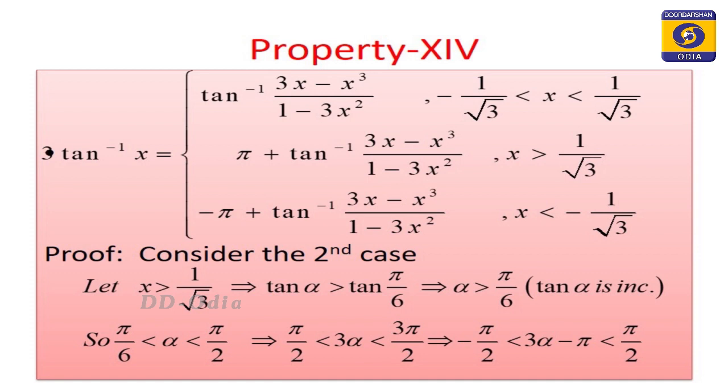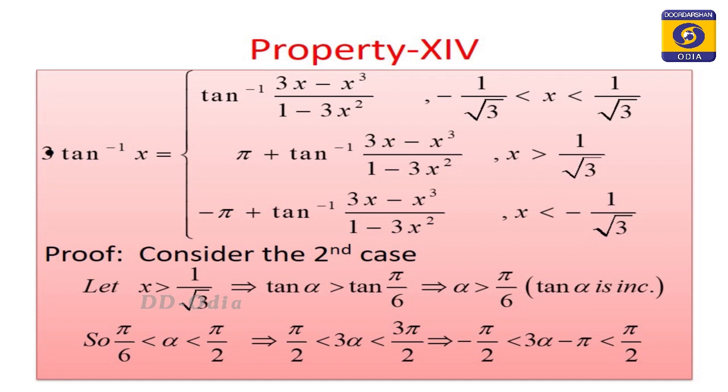This implies alpha greater than pi by 6, because tan alpha is increasing. So tan alpha greater than tan pi by 6 implies alpha greater than pi by 6. So pi by 6 less than alpha less than pi by 2, because we are taking minus pi by 2 to pi by 2.